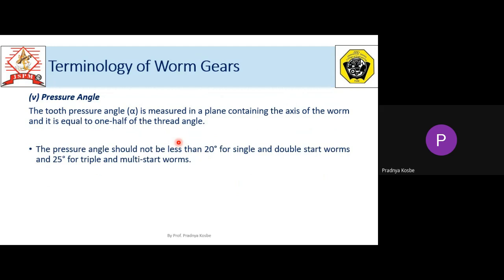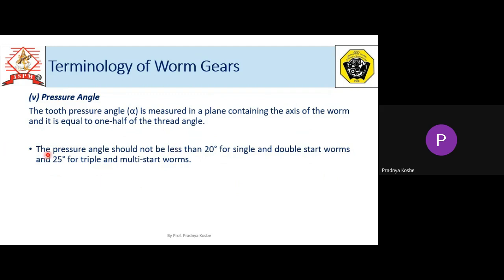The pressure angle should not be less than 20 degrees for single start and double start worms, and it should not be less than 25 degrees for triple and multi-start worms. So these are the ranges given for the pressure angle of the worms.